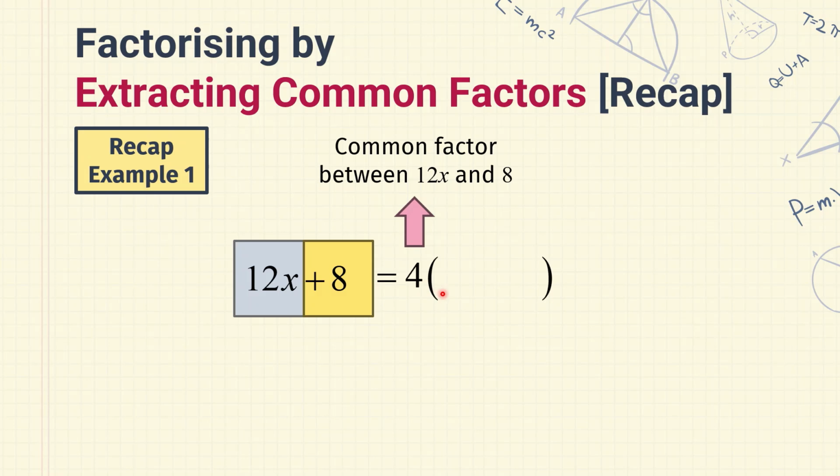However, we must remember that it needs to be equivalent, so it cannot just be equal to 4, it needs to multiply with something. So what will it be multiplying with?